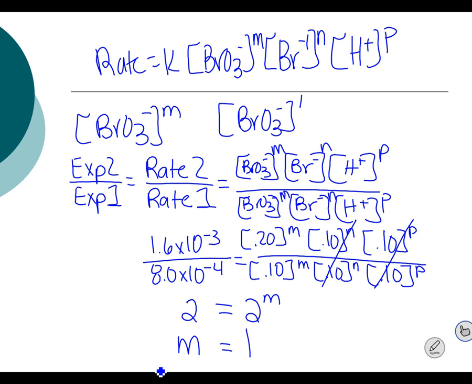And if you go and look at experiment 2 and experiment 3, that matches our criteria. From experiment 2 to experiment 3, our bromate and our hydrogen are constant, while our bromide has changed. So we're going to go through the same process that we did here, except now we're going to look at our bromide.